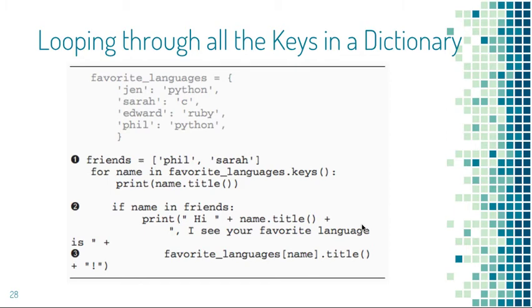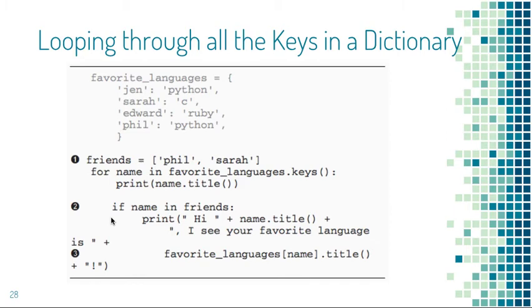At 1, we make a list of friends we want to print a message to. Inside the loop, we print each person's name. Then at 2, we check to see whether the name we are working with is in the list friends. If it is, we print a special greeting, including a reference to their language choice.